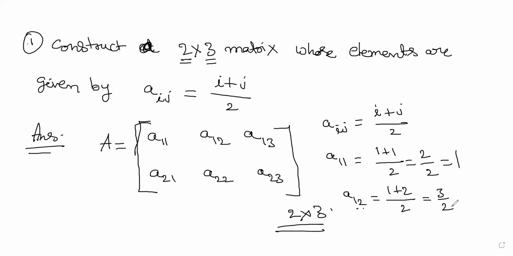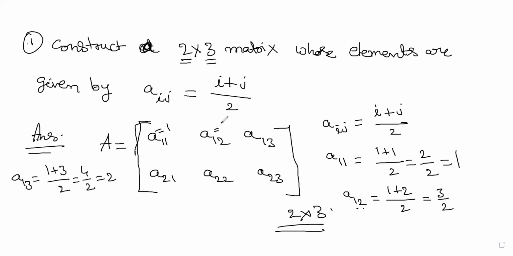Clear? Clear how to do? Yes, sir. Now, can you generate the matrix? A13, what I have to do? A13 means (1 plus 3) by 2. That is 4 by 2, which is 2, right? So A11 I got 1.